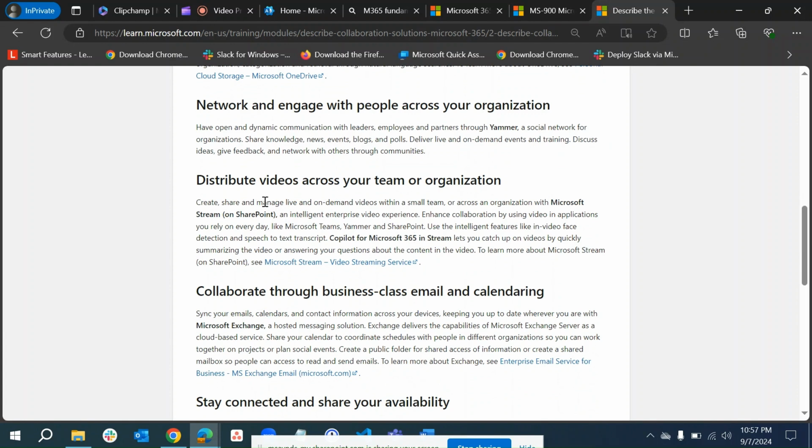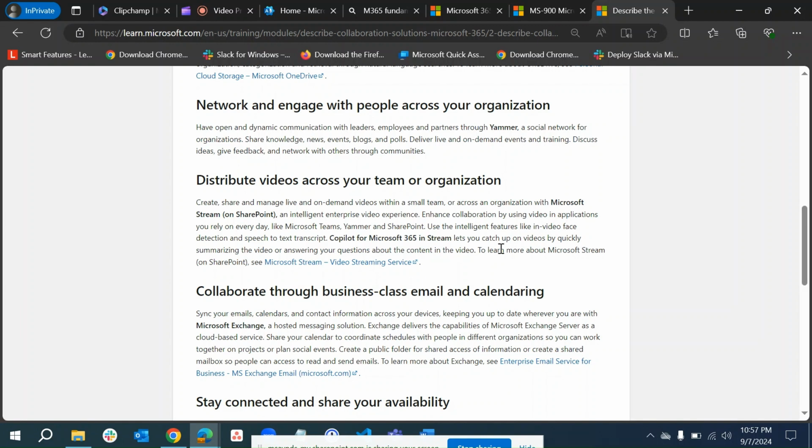And the next is distributing videos across your team and organization by using SharePoint Stream. Microsoft Stream was a separate service back then, but now that service has been migrated to SharePoint.